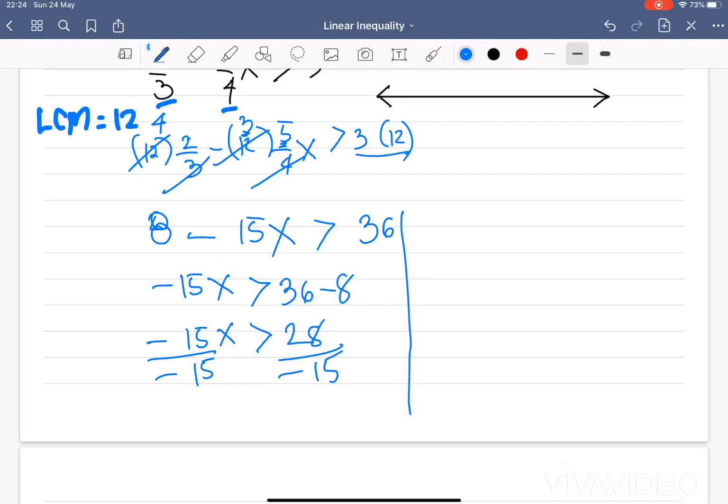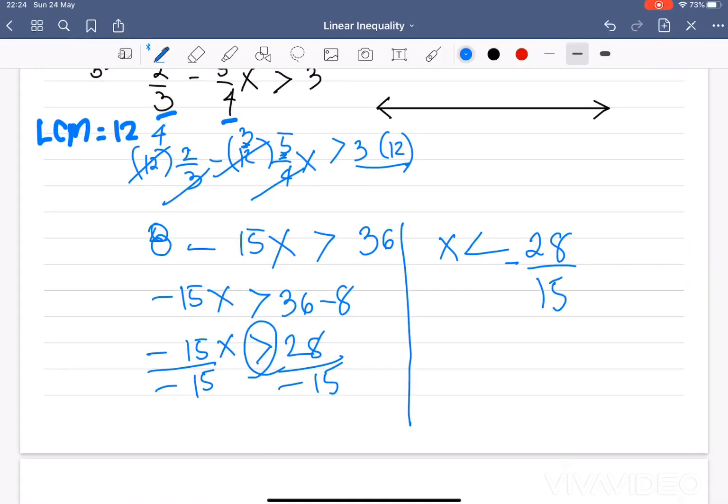And as I told you, if we divide by a negative number, the symbol will change. So we will have now x is less than 28 over 15. So that is negative. So the final answer is x is less than negative 28 over 15.